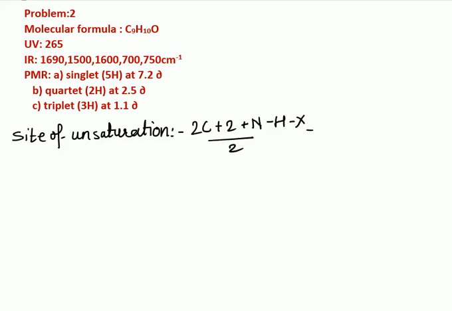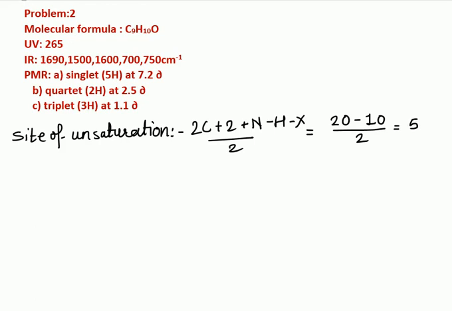There are 9 carbons, so 9 into 2 is 18, plus 2 is 20, minus no nitrogen, minus the number of hydrogens, which is 10, no halogen, upon 2. So it comes to 5.